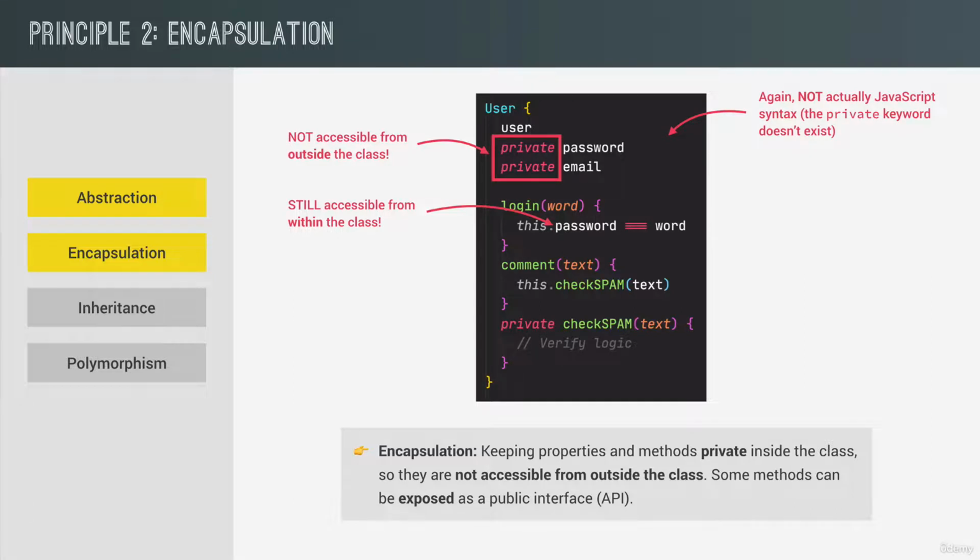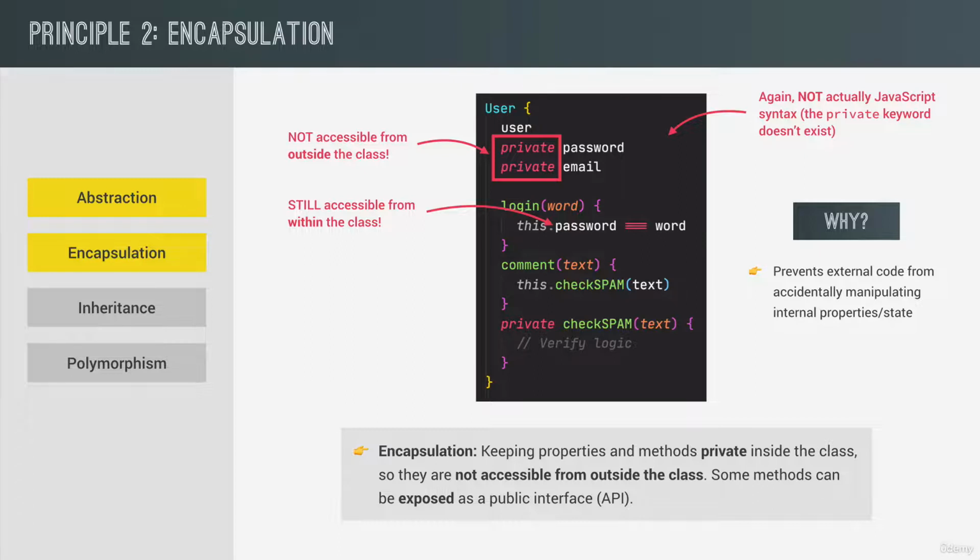For example, the password is of course necessary in the login method, right? And so there we can use it. And by having these critical properties nicely encapsulated like this, we prevent external code from accidentally manipulating this internal state. And by the way, the term state simply refers to an object's data.